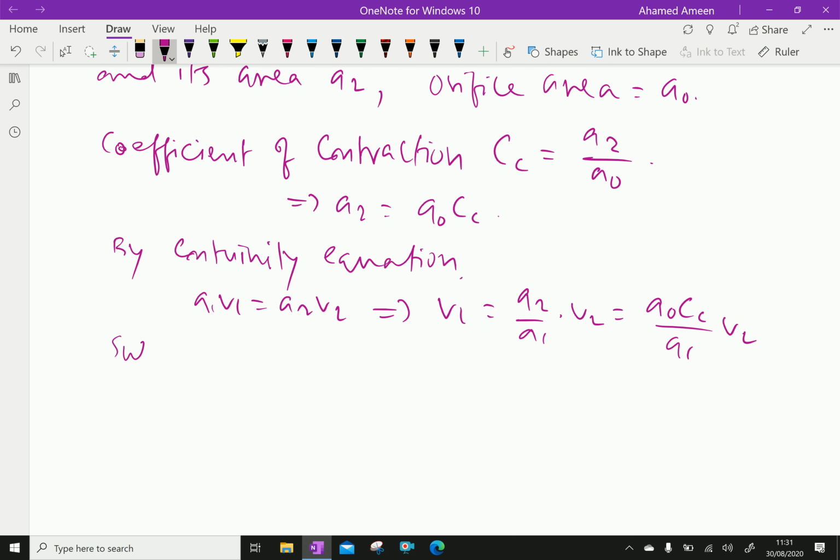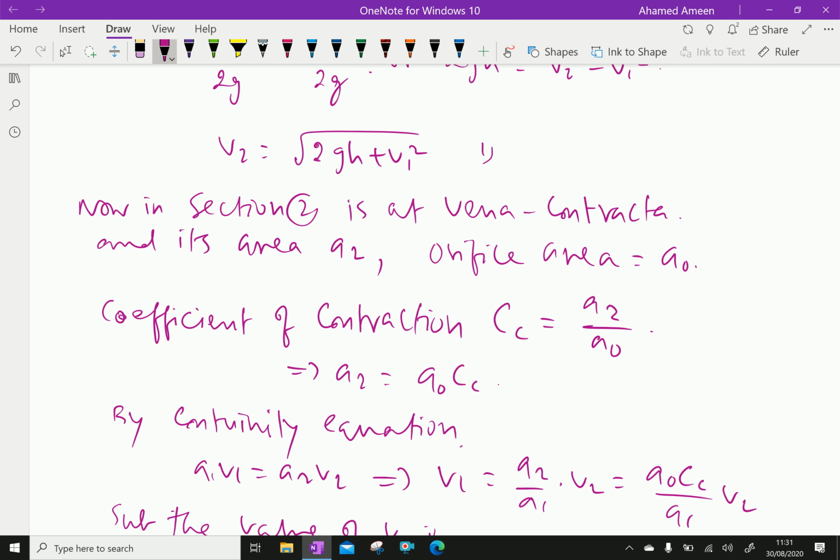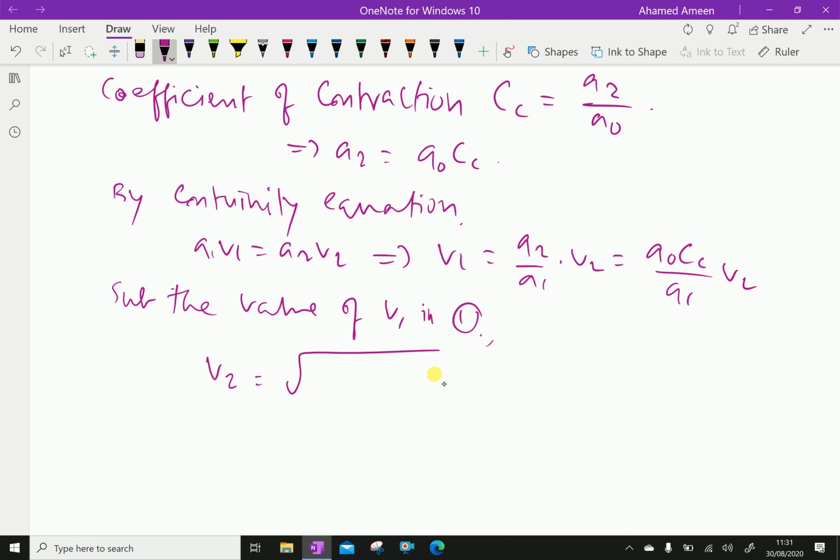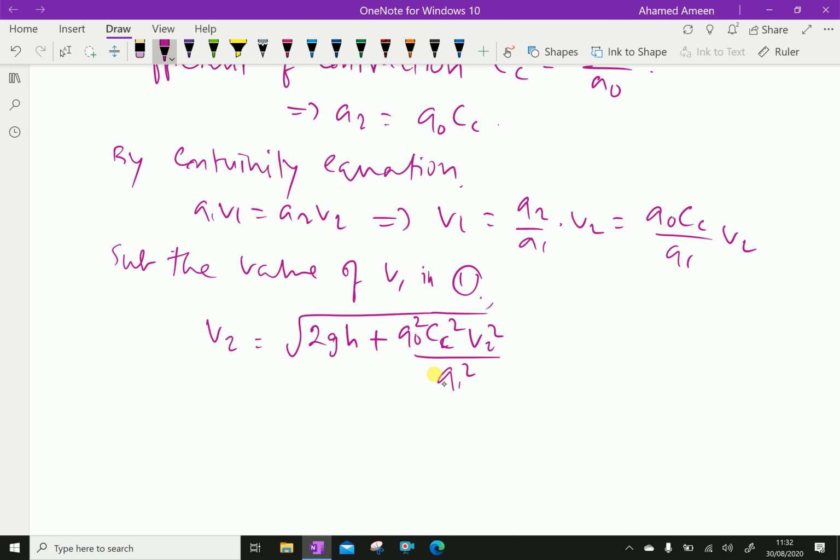Now substituting the value of V1 in equation 1, we get V2 equals square root of 2gH plus V1, which is A0 squared CC squared V2 squared over A1 squared.